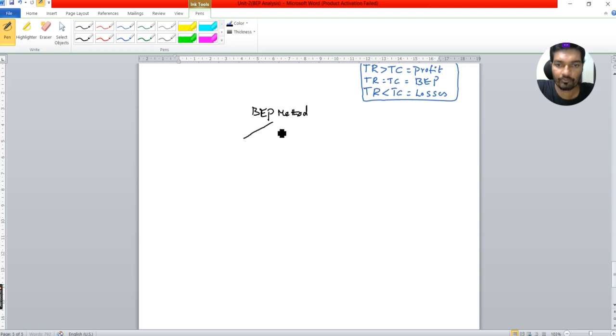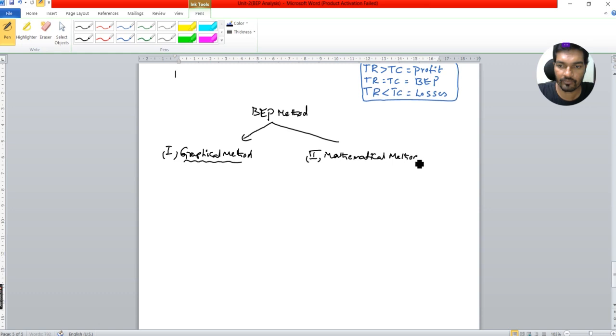One is the graphical method, another one is the mathematical model. In the mathematical model we use the formula. This is also called the algebraic model.